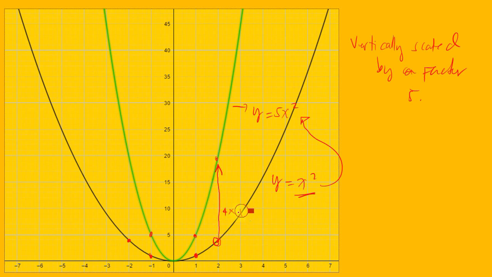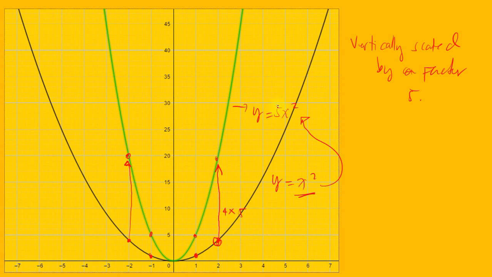This 4 is the coordinate on x squared. So it's the same here, still 4 times 5, so it becomes 20 there. Every y value on the points along x squared is being multiplied by 5.